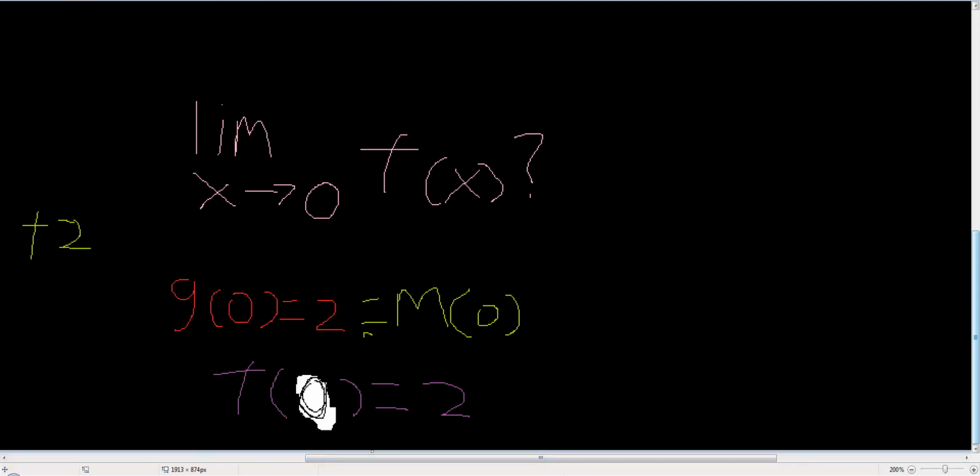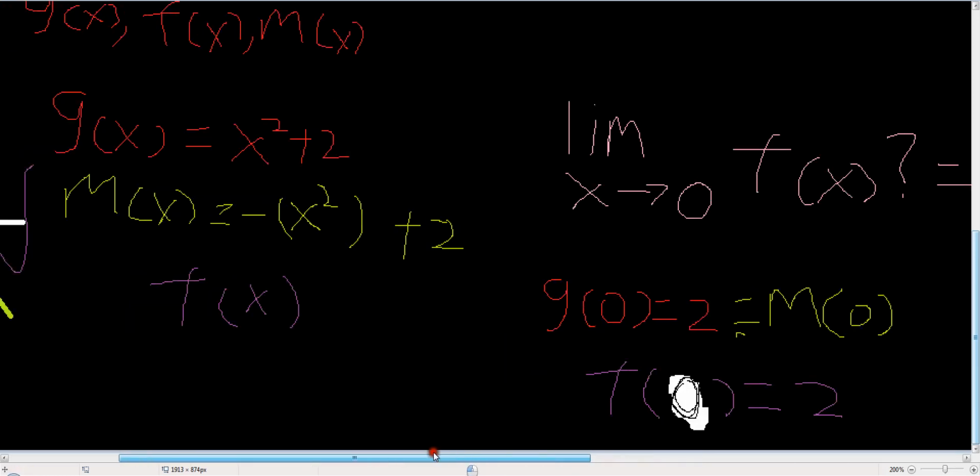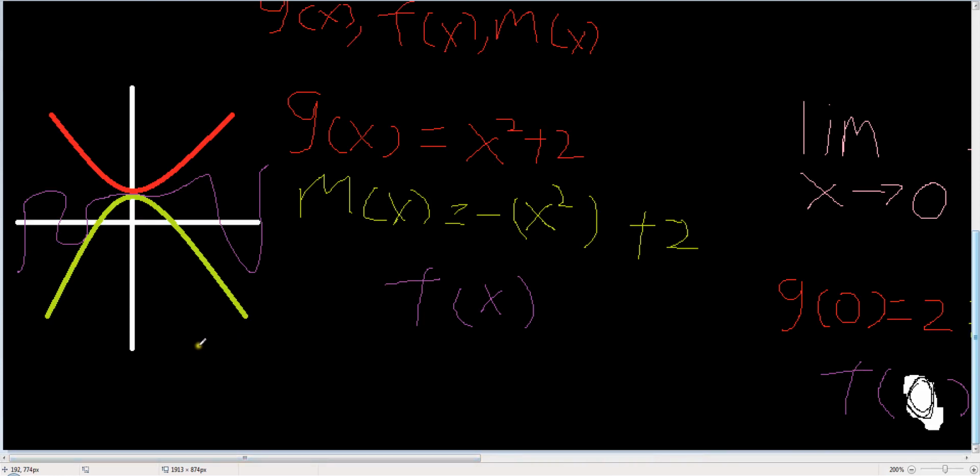So we solve the question now. The limit as x approaches 0 of f of x is just equal to 2. And I hope you really understand this. It's very simple. The first type of example is very simple intuition.